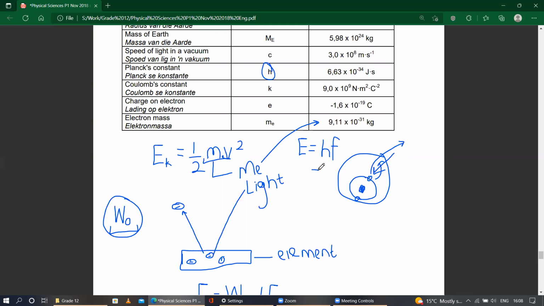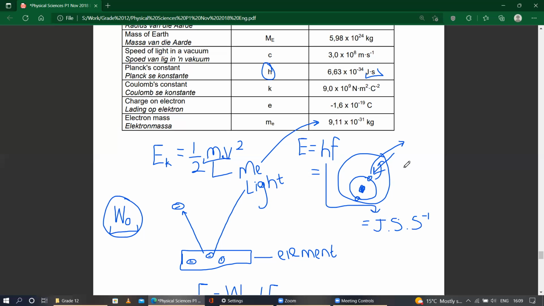Because if you look at it, Planck's constant is in joule seconds, so let me just write it down here. Planck's constant is in joule second. But your frequency is in per seconds.